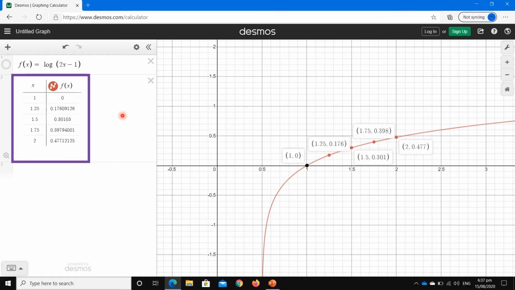So plotting these points, we will have 1, 0; 1.25, 0.176; 1.5, 0.301; 1.75, 0.398; and 2, 0.477. Connecting these points will give us the graph of our function log of 2x minus 1.